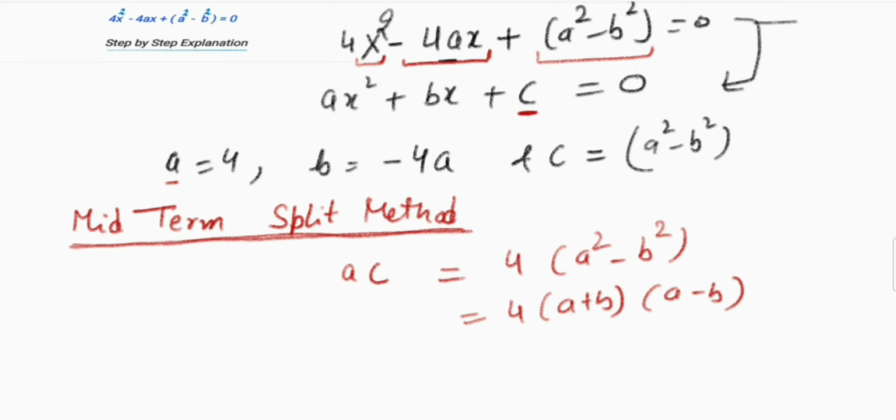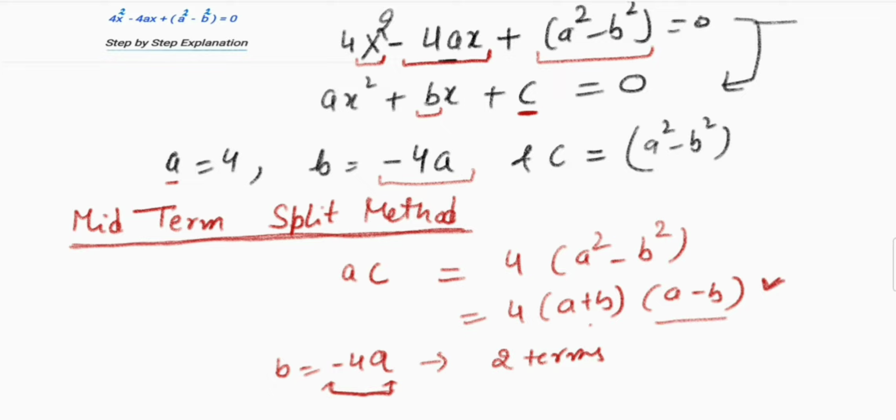And also the middle term here, which is b, is equal to −4a. Now we have to split this term −4a into two terms such that when we multiply these two terms, we'll get a multiplied by c, which is 4 multiplied by (a + b) multiplied by (a − b), and when we add them we get −4a.